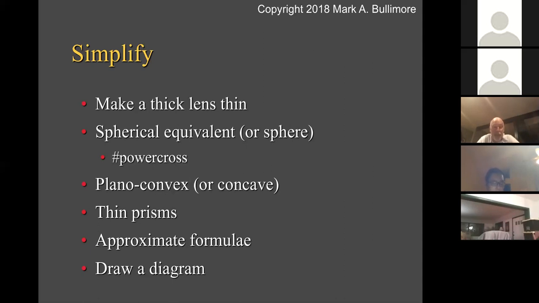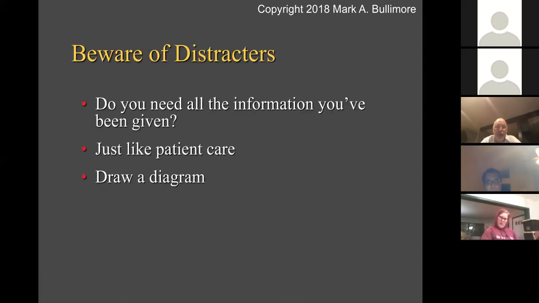Remember buzzwords like plano, convex, and meniscus, and it's often much easier to treat a lens as a plano, convex, or concave lens. And when it comes to prisms, treat them as thin. If you have two options of formulae, use the approximate ones, and of course, draw a diagram.